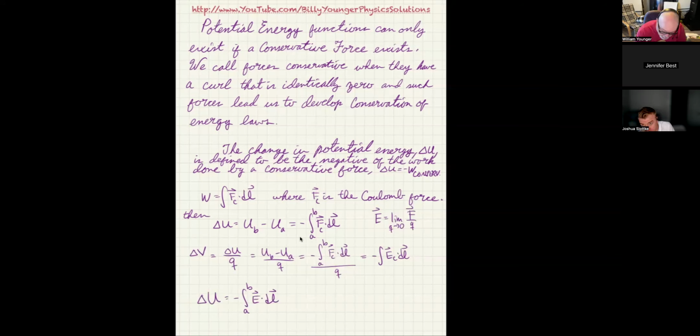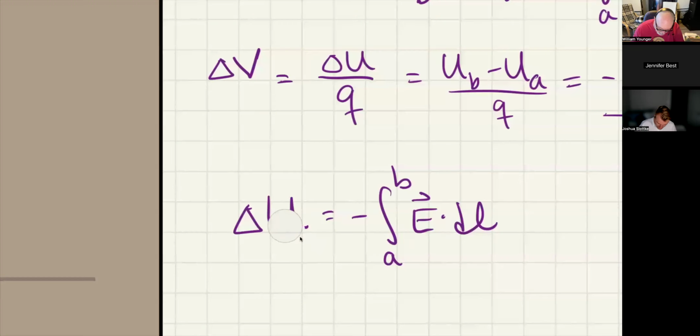And this is our fundamental formula that we're going to use over and over again. Ooh, excuse me, I wrote delta U, but I meant delta V. Glad I caught myself on that one.